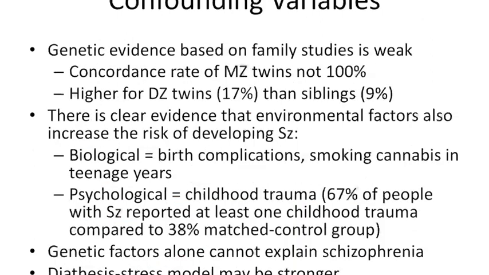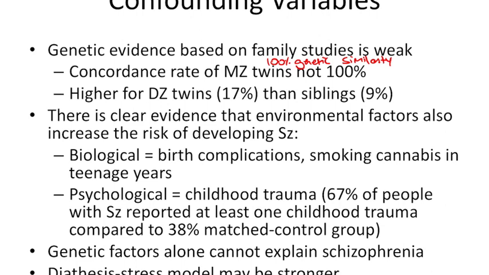However, despite the fact that family studies do show clear evidence for genetic susceptibility, i.e. the greater the genetic similarity, the greater the risk of sharing the disorder, the genetic evidence is weak. Concordance rates for monozygotic twins who share 100% of their genes is not 100%. This suggests that there must be environmental factors.